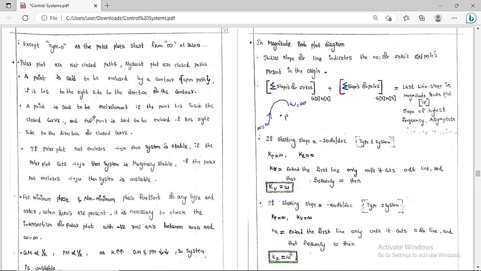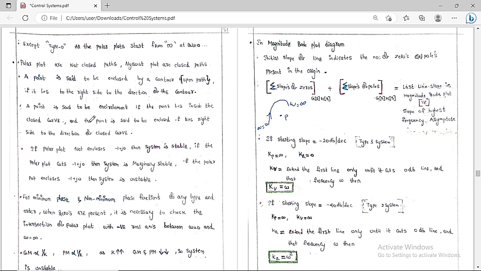After doing the addition, if you get a non-zero value, then that point is said to be enclosed by the Nyquist plot. Or we can say if the point lies to the right side of the encirclement, then the point is enclosed. Listen carefully. A point is said to be encirclement if it lies inside the closed curve, and enclosed if it lies to the right side of the direction of the closed curve.